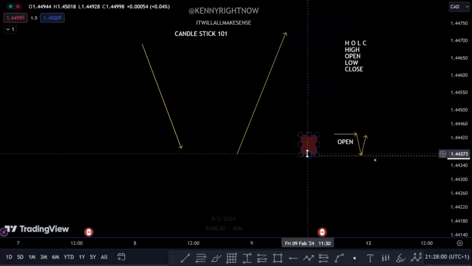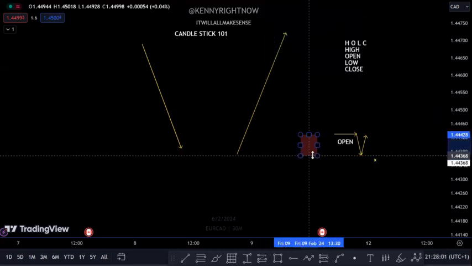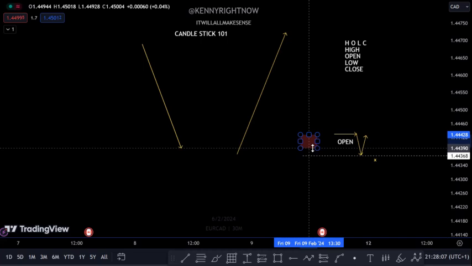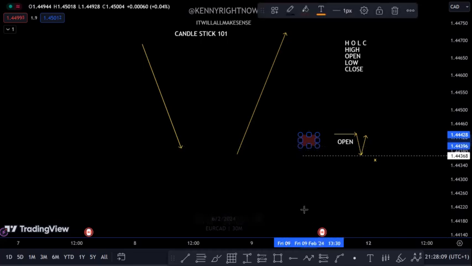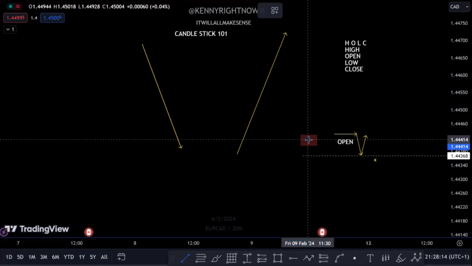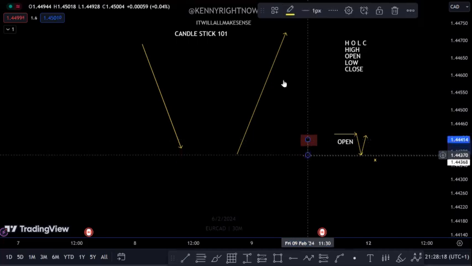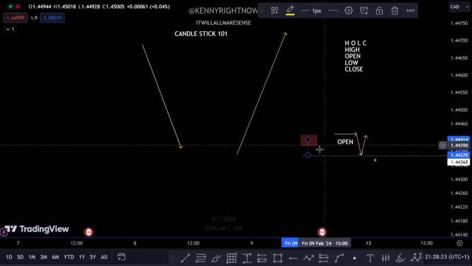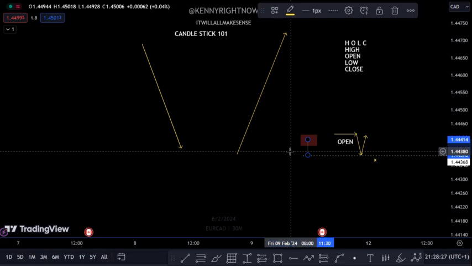Okay, now you can see that this was the lowest price got to, which is the low. Now from this point, price started pulling back up, pulling back up, and that is where we have the wick. So the wick tells us where price was last.